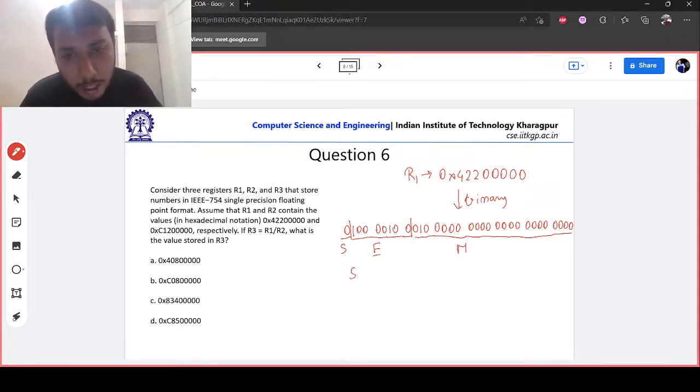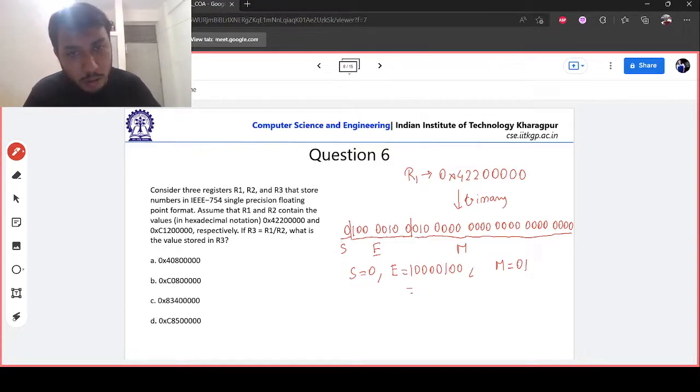So the S value is 0, the E value is 10000100, and the M value is 01.